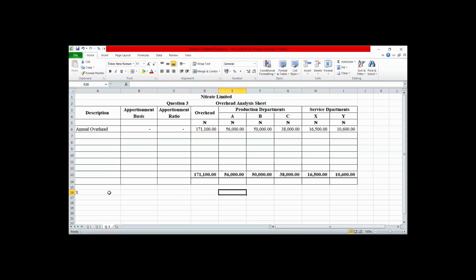A is how much? 20%. B is 40%. What about C? C is 30%.